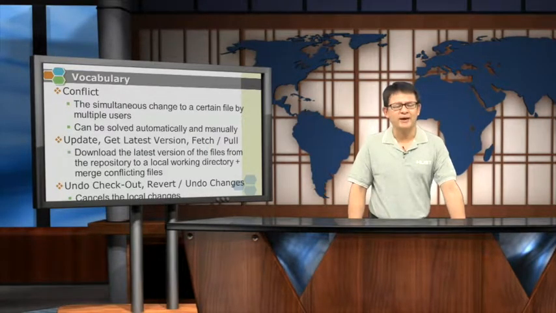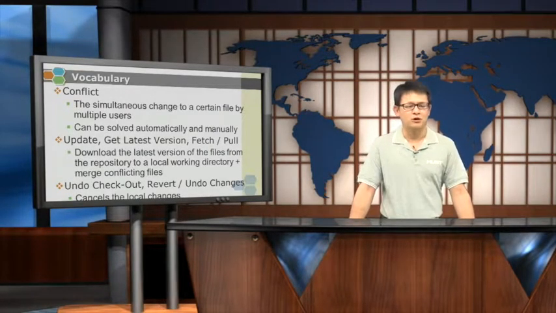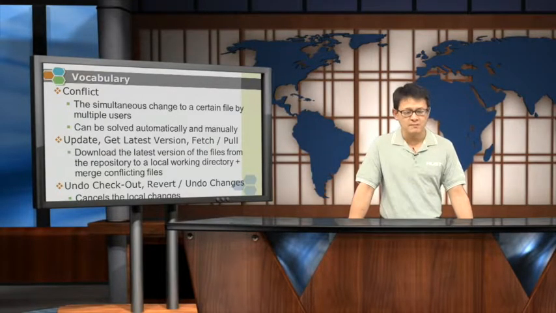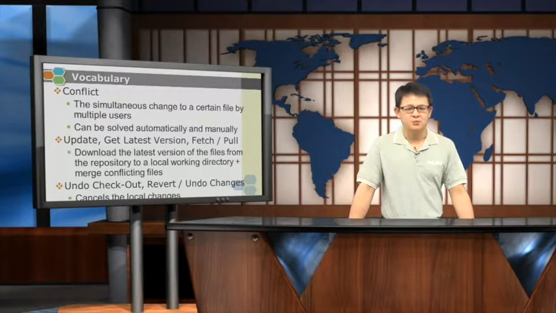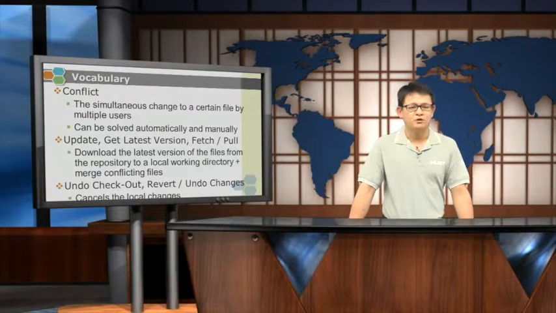And of course, when you are working with more than one developer, even if you already have some good mechanism to control them, you still have conflict, which is a simultaneous change to a certain file by multiple users. But most of the version control tools provide some methods to automatically solve the problem, and you also can solve them manually. We have the update, get latest version, fetch, and pull.